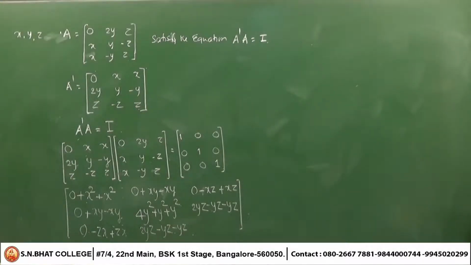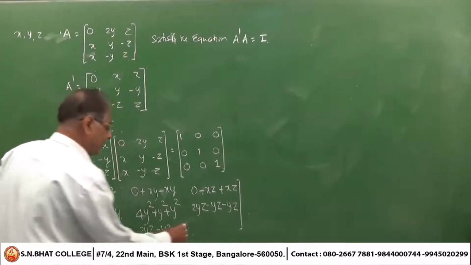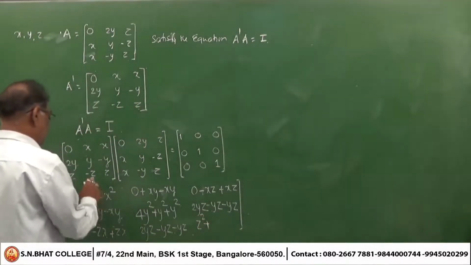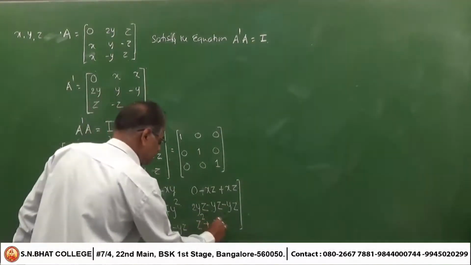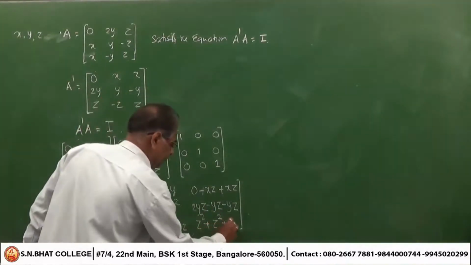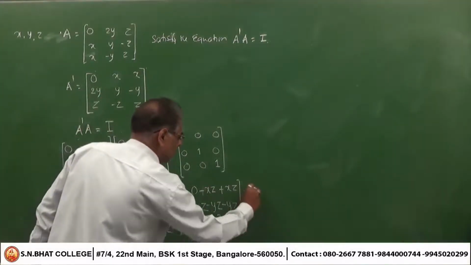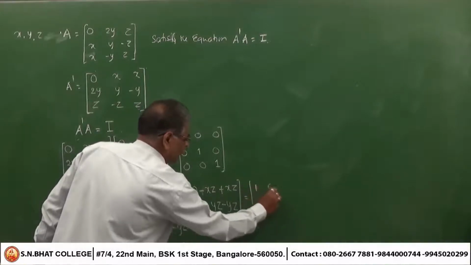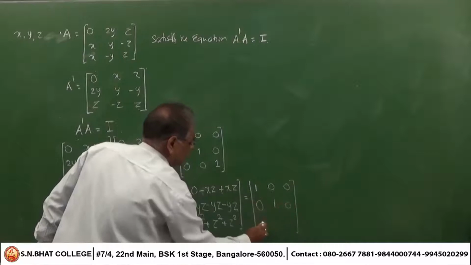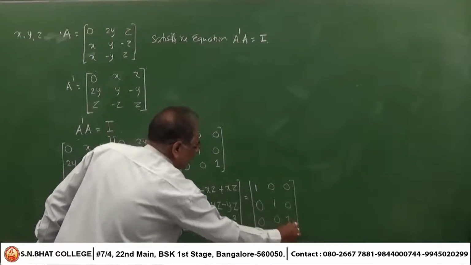Next, third row, third column. z into z is z square, plus minus z into minus z is plus z square. The right answer is the identity matrix: 1 0 0, 0 1 0, 0 0 1.